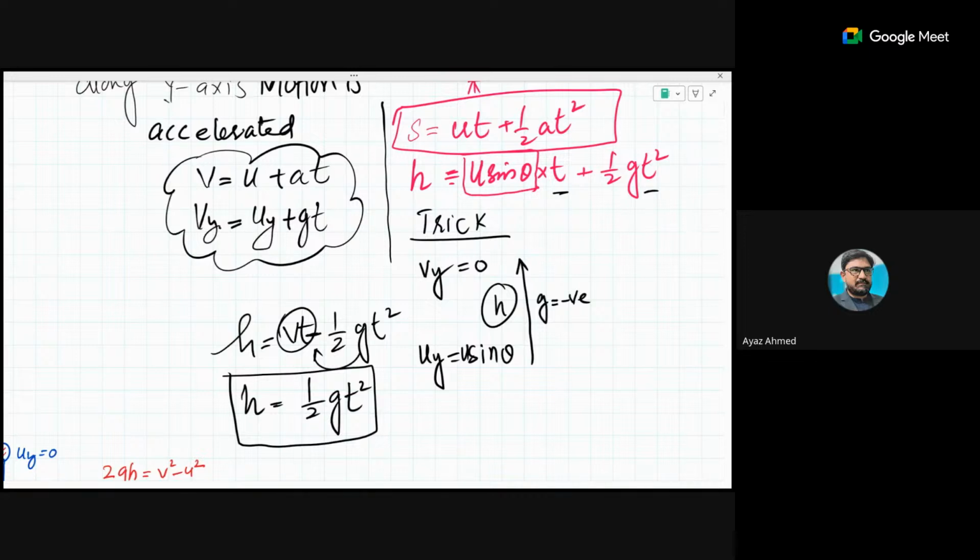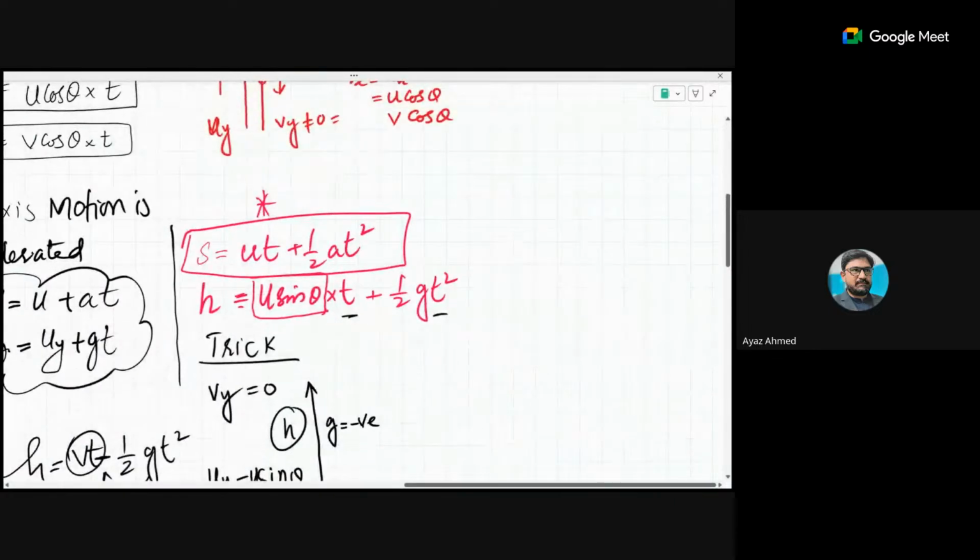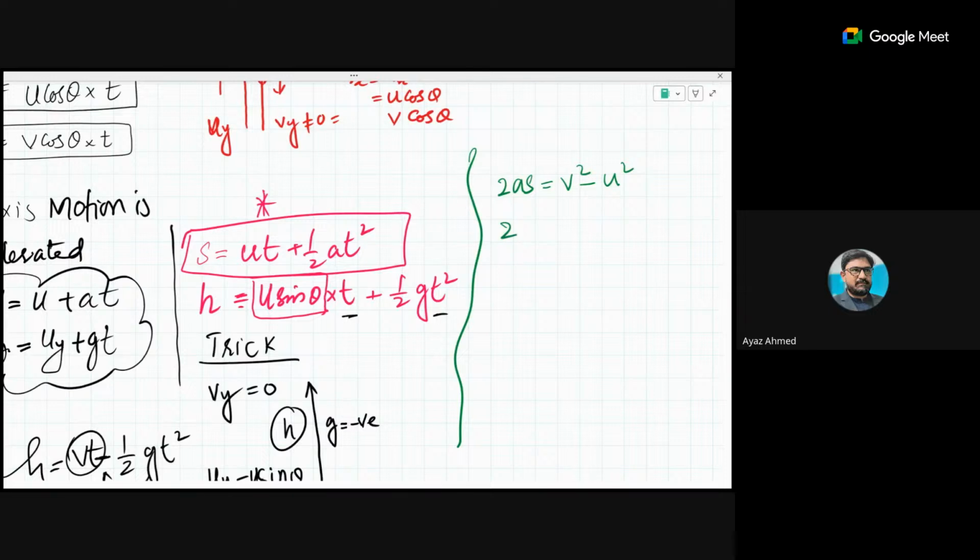And for the third equation, when you are going to use the third equation, that is the 2as equation, 2as equals v square minus u square, then the trick for that equation is it would become 2gh equals vy square minus uy square. I told you that for half of the projectile motion, one factor would be 0.